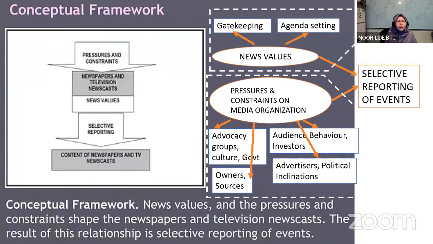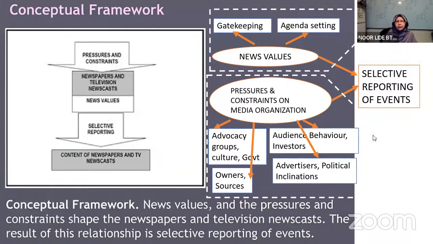From all these theories, you can come up with a conceptual framework about how the reporting of events is determined by the media organization, the pressures and constraints on it, and the news values.